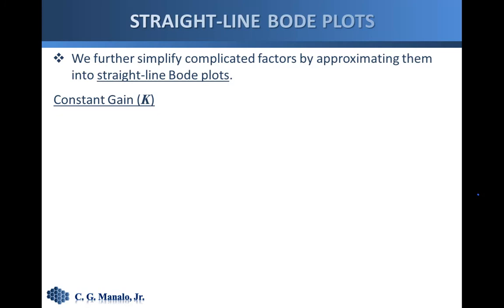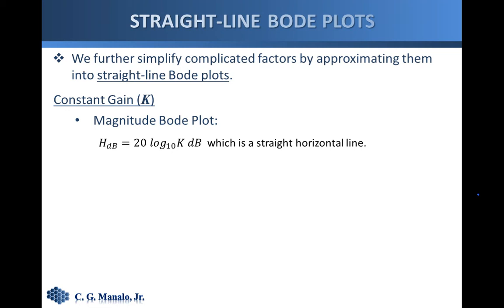Okay, so first, let's look at the constant gain k. The magnitude Bode plot of this is simply the log of the constant k times 20, which is actually constant, and the phase Bode plot would be 0 degrees because it is a constant.